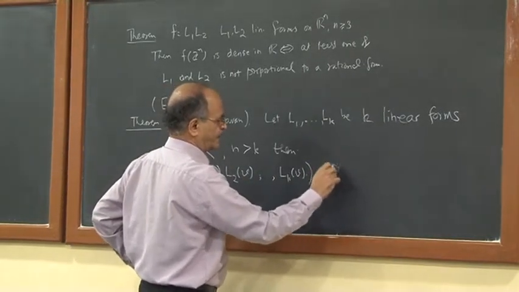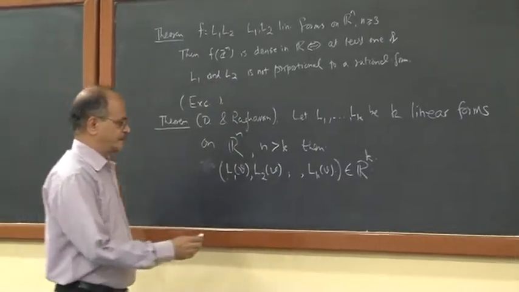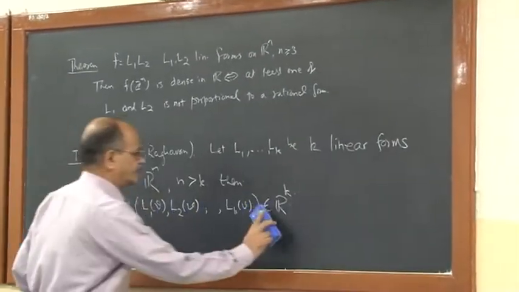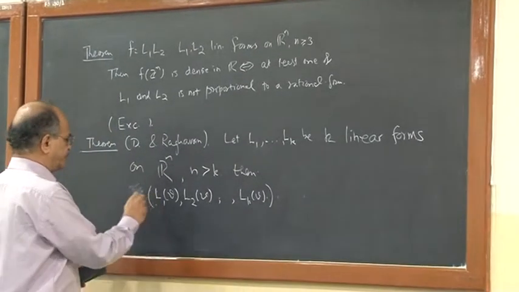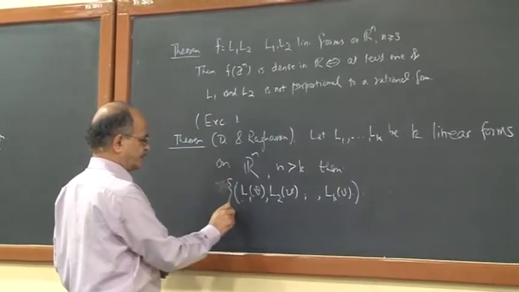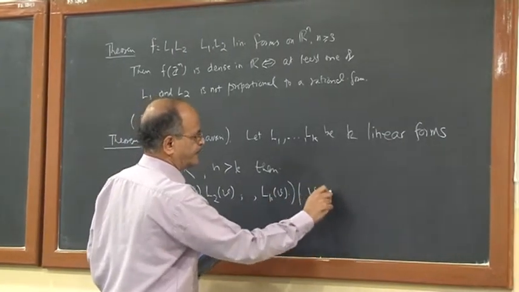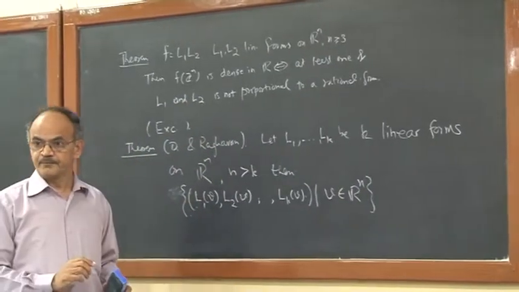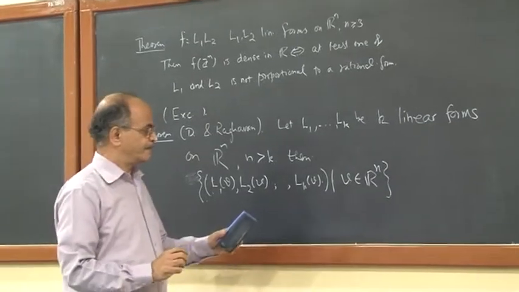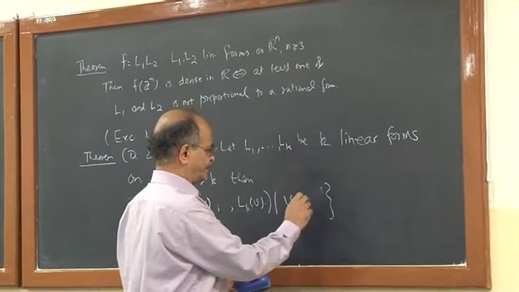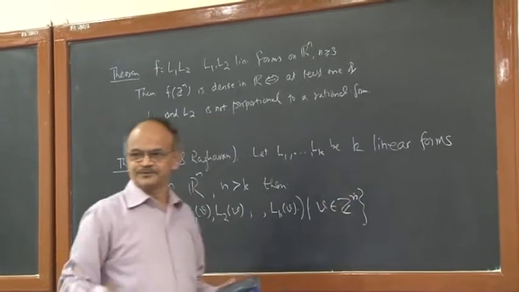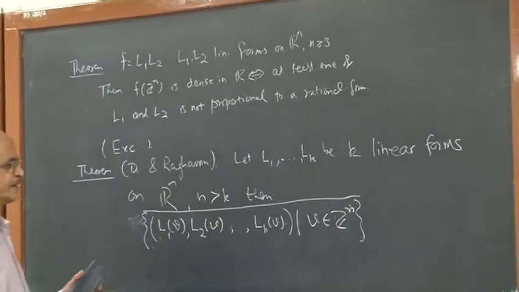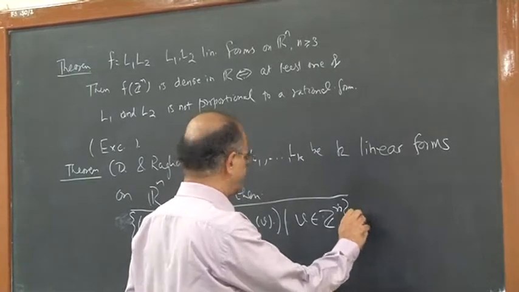Let me look at this set of values, with v ranging over R^n, all values, not integer values, and take the closure of this.